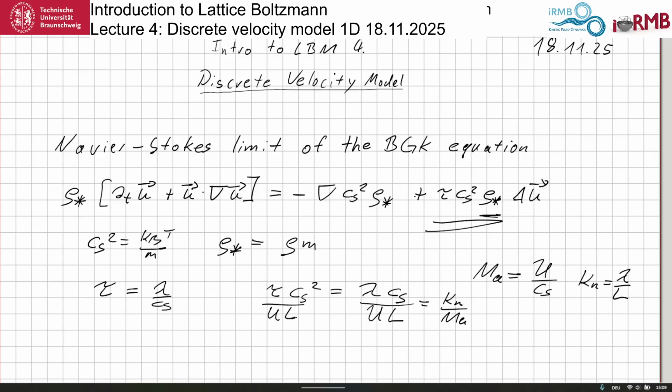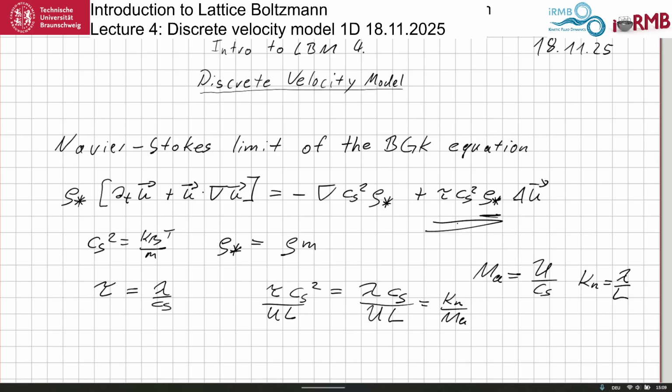I always tell the students the left thing and the right thing on the equal sign has to be the same. So this thing here, you can make the entire equation dimensionless. U and L are the scales, so they are kind of constants that you can use to make the derivatives here dimensionless.